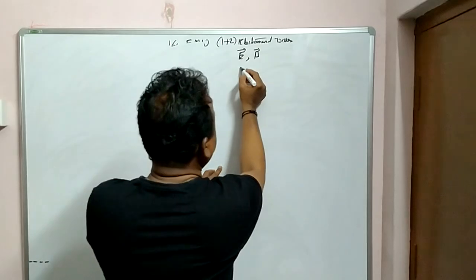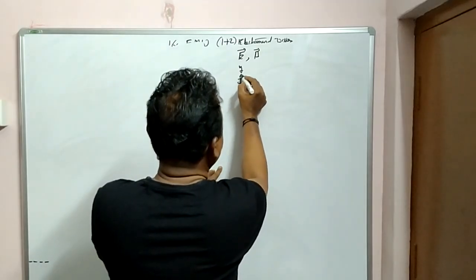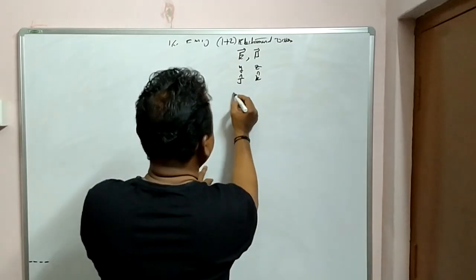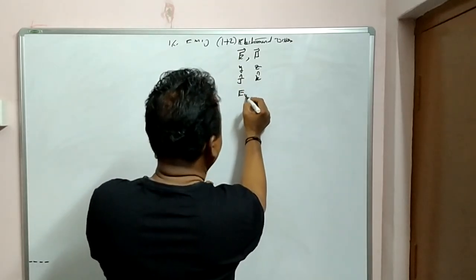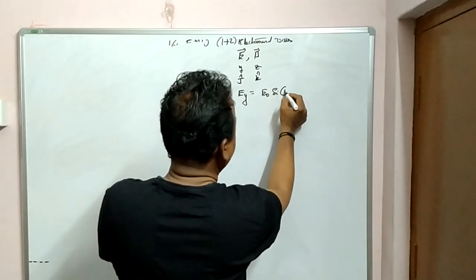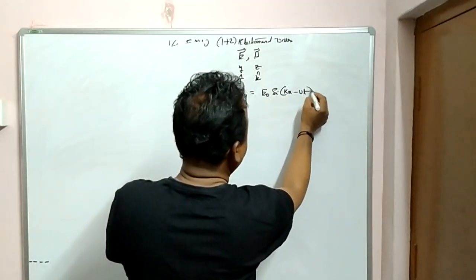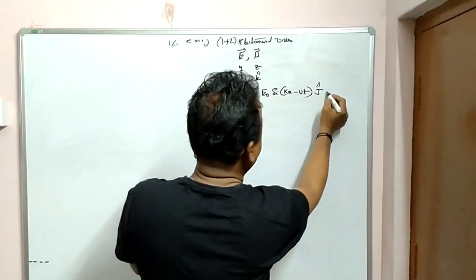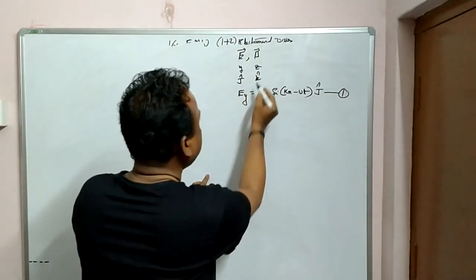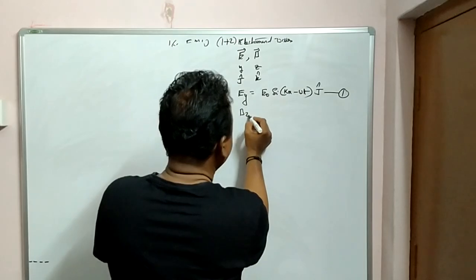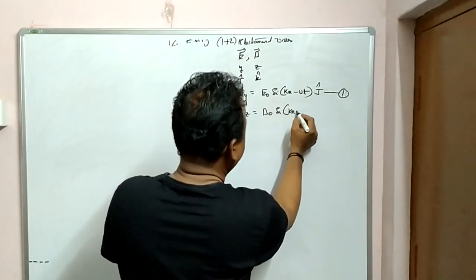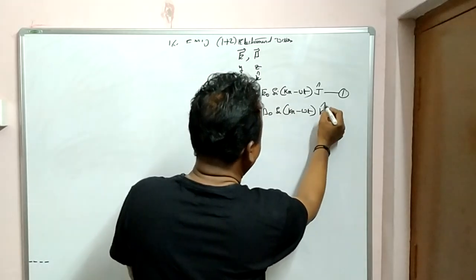The electric vector is in the y direction and the magnetic vector is in the z direction. The equations just written: the displacement of the electric vector in the y direction is E0 sin(kx minus omega t) j cap. In the same way, the magnetic vector in the z direction is the peak value times sin(kx minus omega t) k cap.